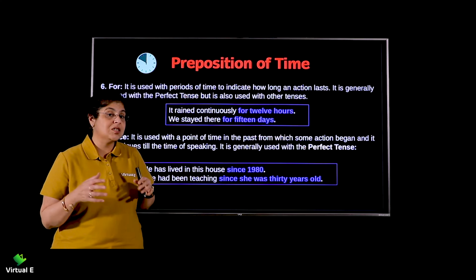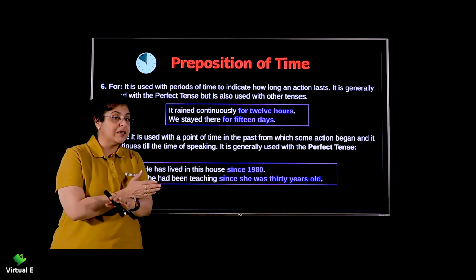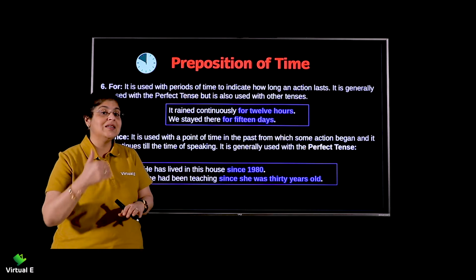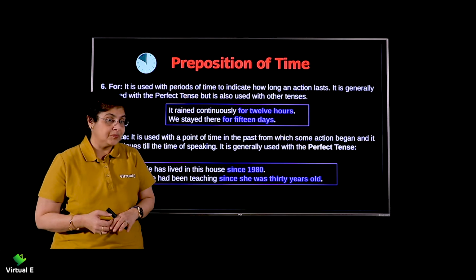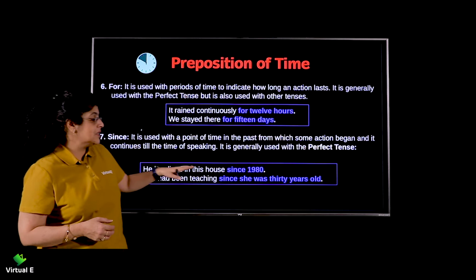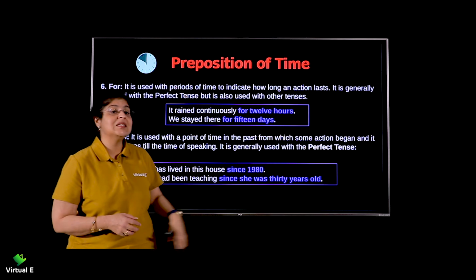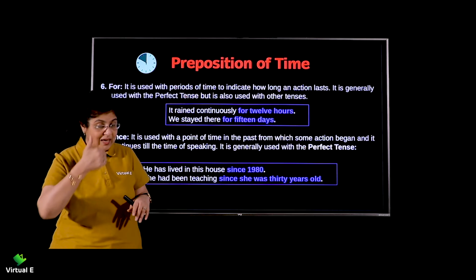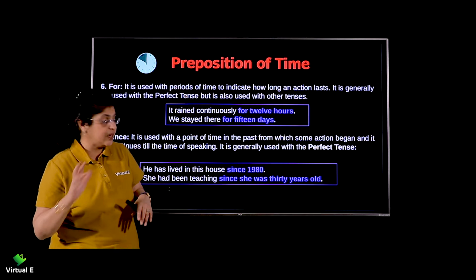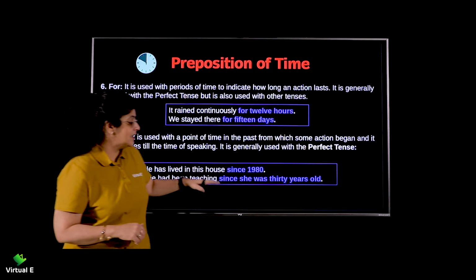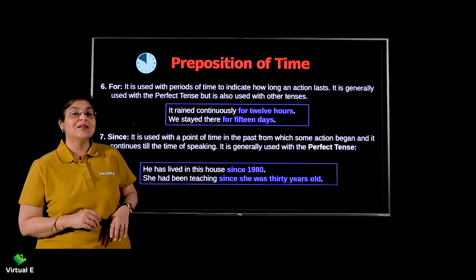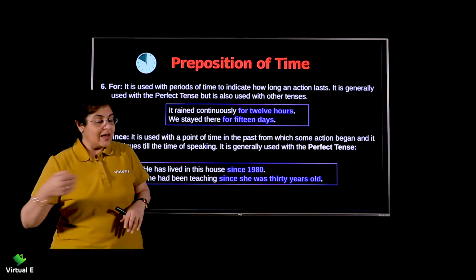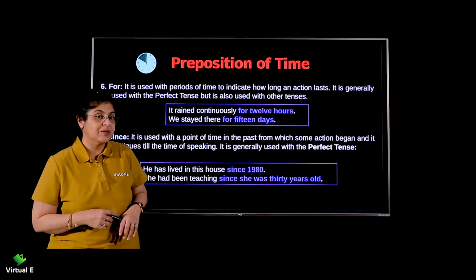So since is your starting point, an action which started in the past, and right now while we are talking it is still going on, right? So he has lived in this house since 1980. That means he started living there in 1980 and yet he continues to be there. She had been teaching since she was 30 years old. So from the time she was 30, she started then and still continues to teach, right?